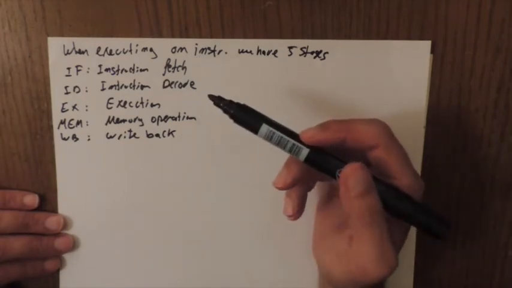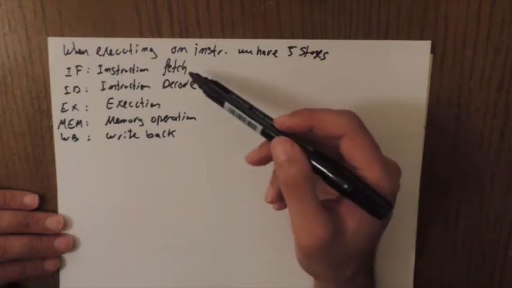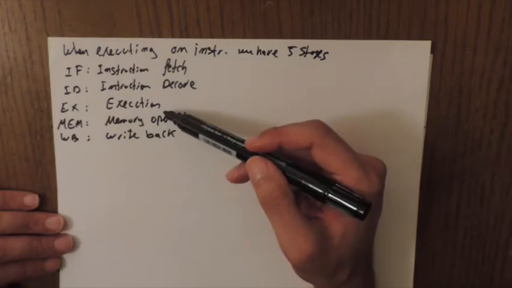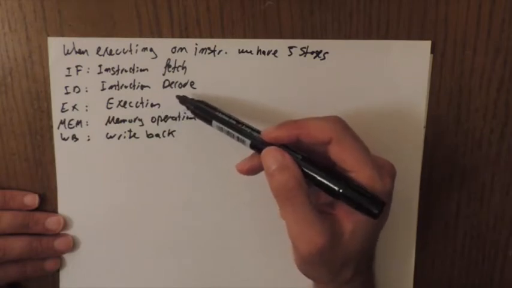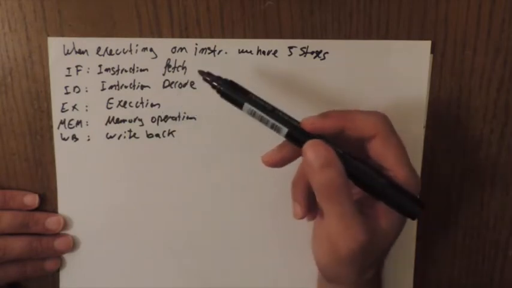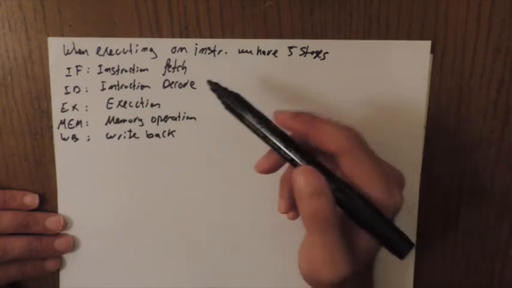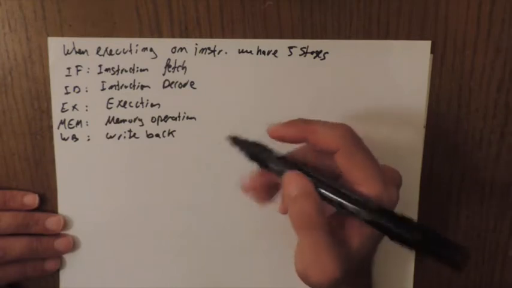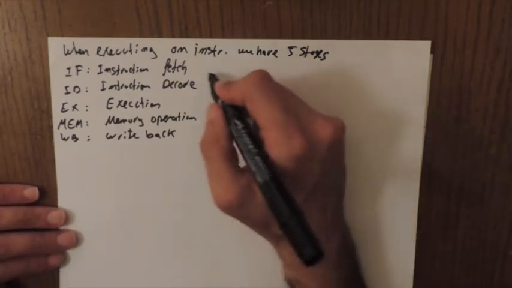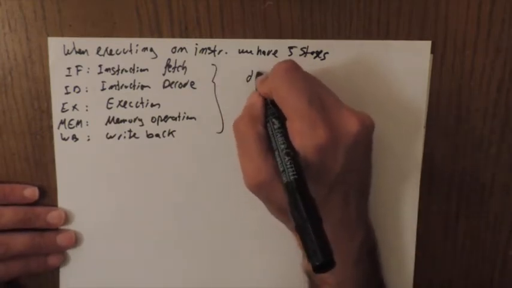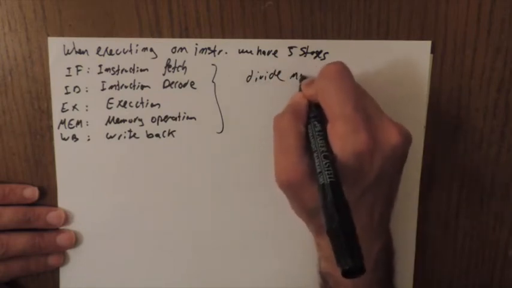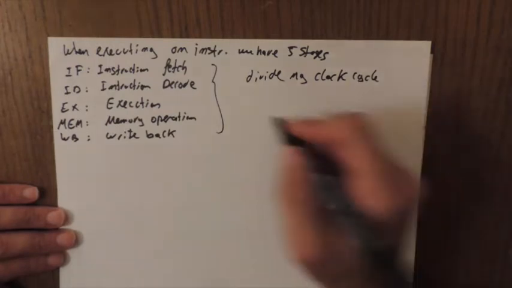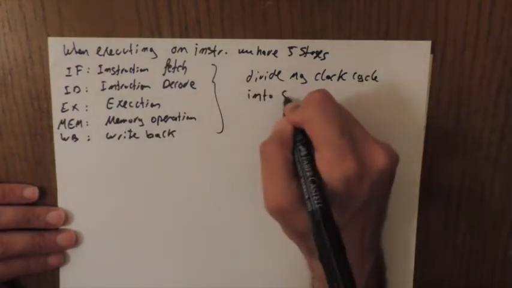So going back to the washer dryer, when I'm doing decode, the fetch is idle. When I'm doing execute, the component doing instruction decode and instruction fetch are not doing anything. So how about dividing my clock cycles into 5 stages? So the idea here, divide my clock cycle that I use for the single cycle into 5 stages.